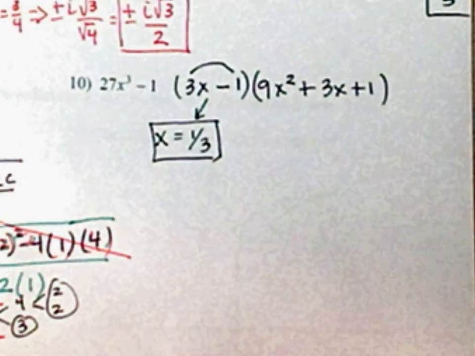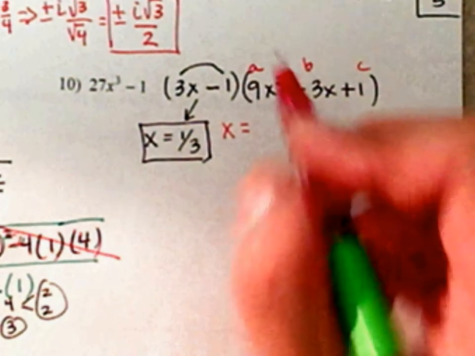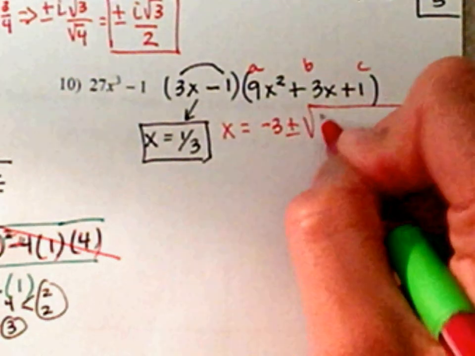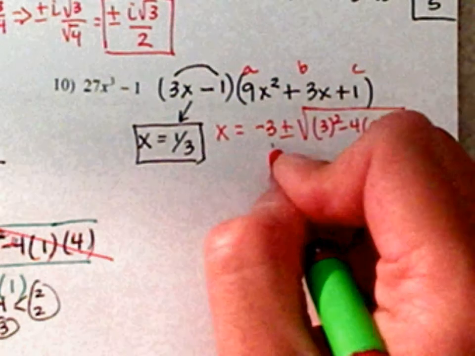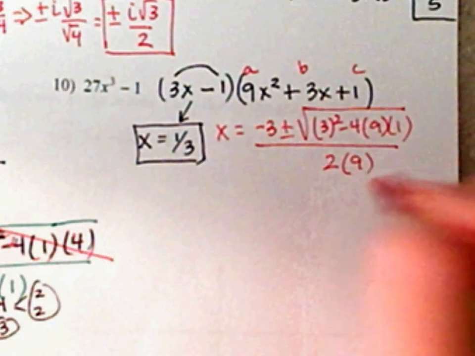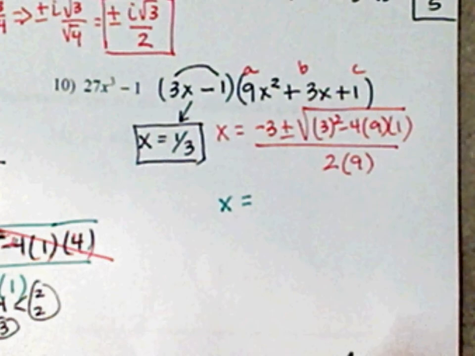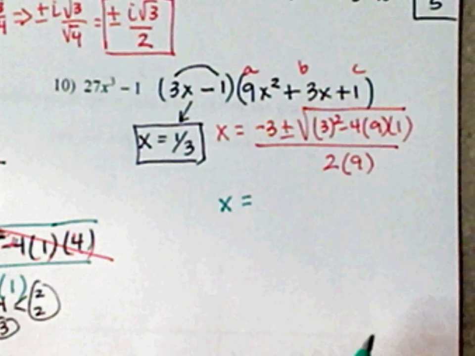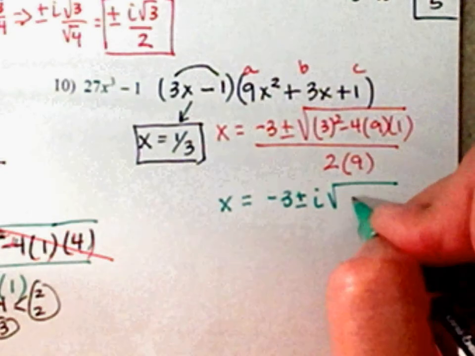Do your quadratic formula. Here's your a, b, c. a is always in front of the x squared. So negative b plus or minus square root 3 squared minus 4 times your a times your c, all over 2 times a. Alright? So x is equal to, let's type that in. 3 squared minus 4 times 9 times 1 comes out to be negative, so we'll make it a positive, 27 over 18.